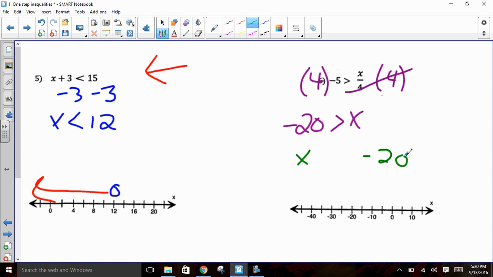I know that because I have the greater than sign. My bigger part is facing the -20. So I need to keep that the same, so when I rewrite it, the bigger part needs to face my -20 again. So I have x is less than -20. So I'm going to put an open circle above -20 because it does not include it. Here's my sign. Let's turn it into an arrow. Shade to the left.